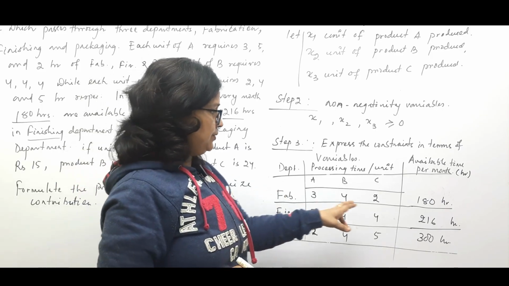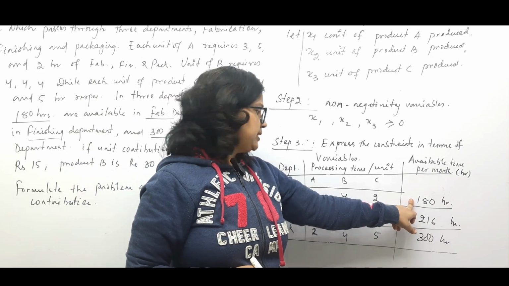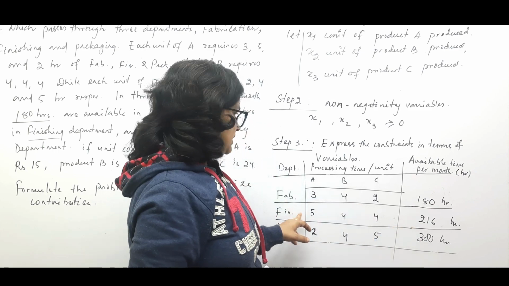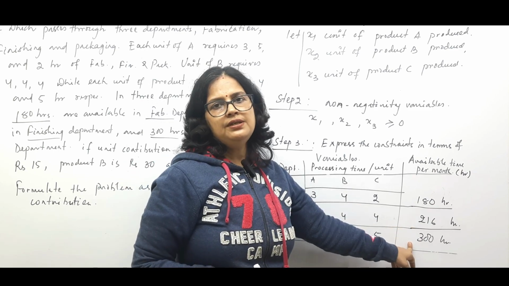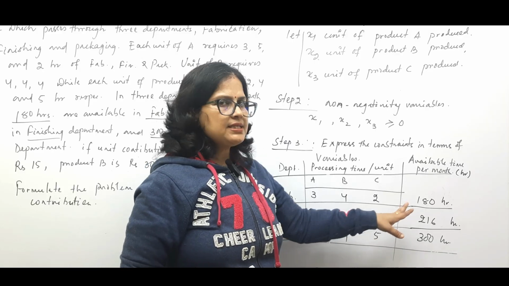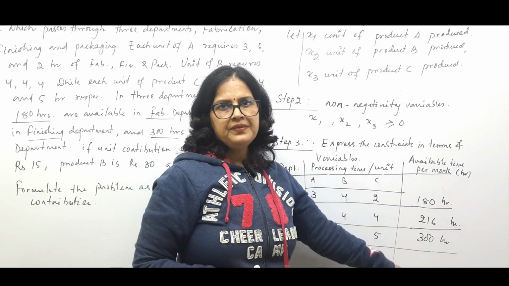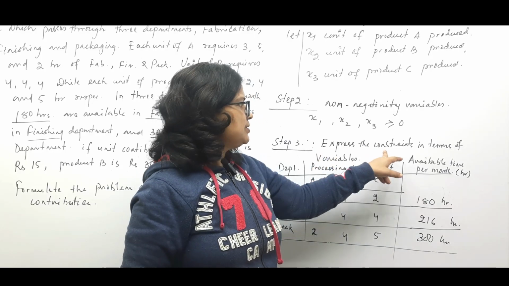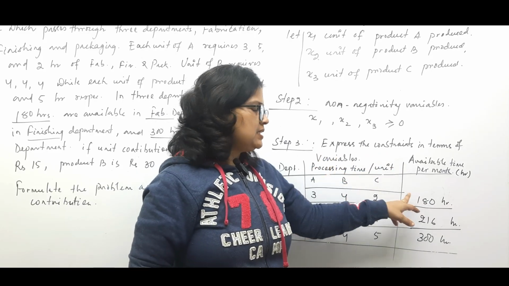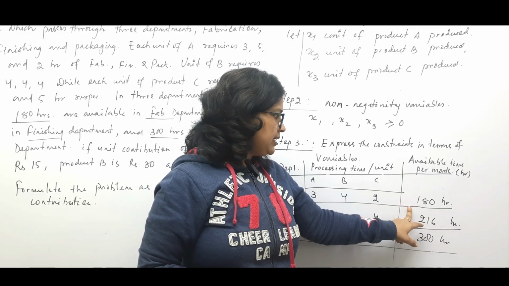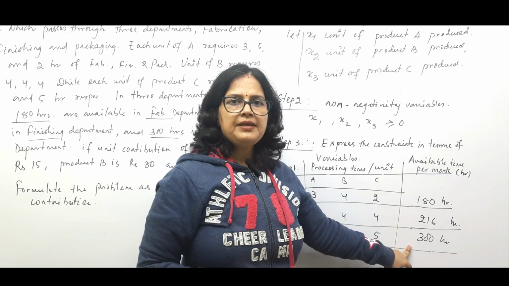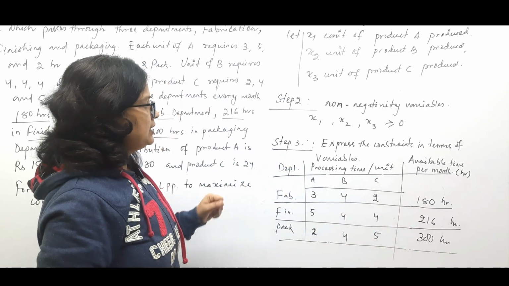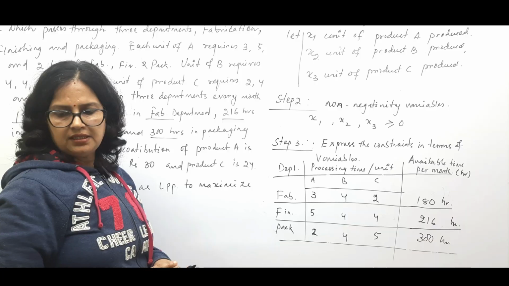We need to stick to 180 hours for fabrication, 216 hours for finishing and 300 hours for packaging. We cannot extend or exceed this time period. This is the expression of the constraints in terms of variables. We cannot exceed this time per month. So let us write how we can express the constraints.